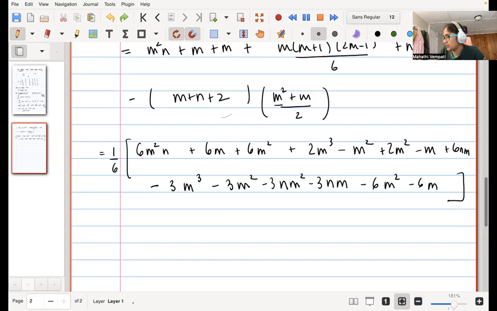Okay, 6m square n. Do I have an m square n anywhere else? I should. Okay. 3m square n. 6m.